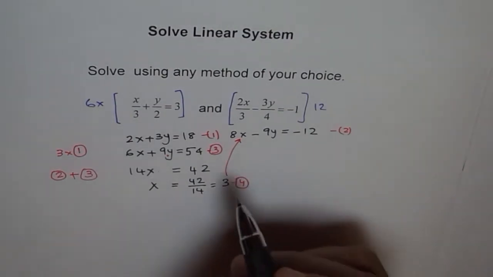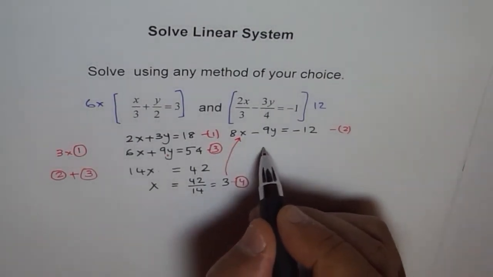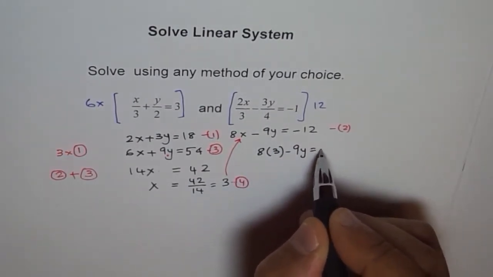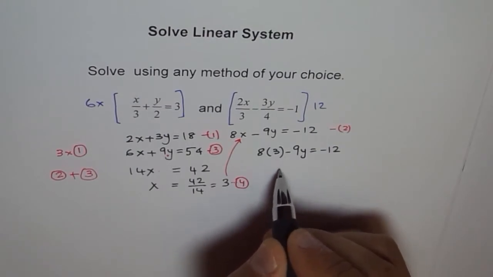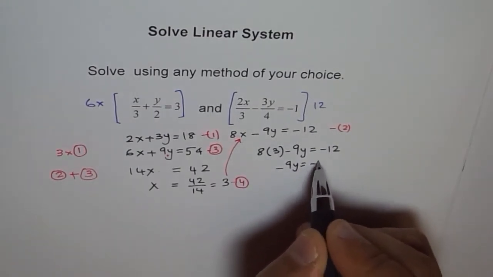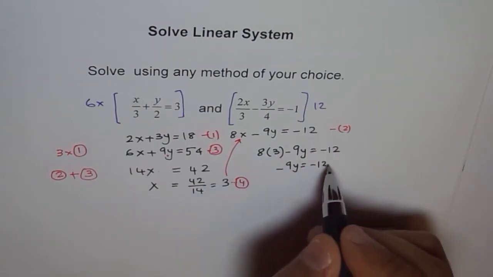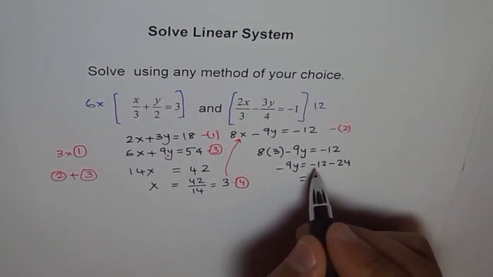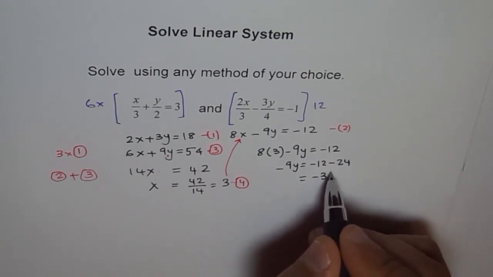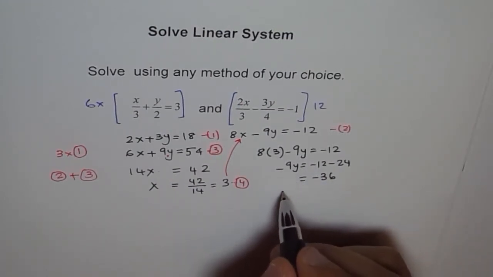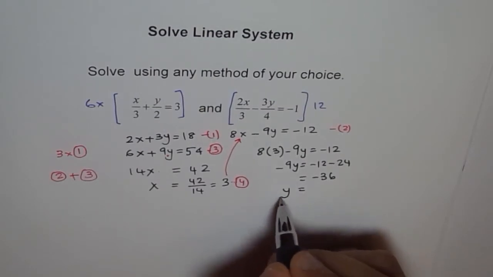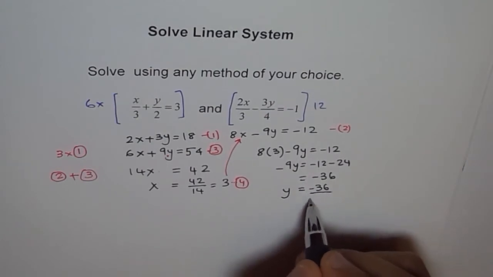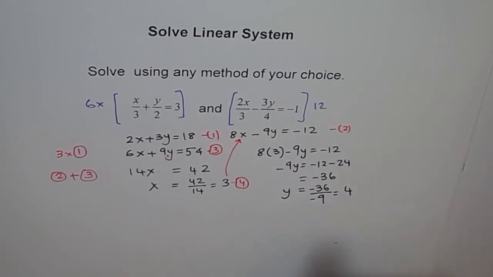So we get 8 times 3 minus 9y equals minus 12. So we get minus 9y equals minus 12 minus 24, since 8 times 3 is 24. That gives me minus 36, and y is therefore equal to minus 36 divided by minus 9, which is plus 4, right?